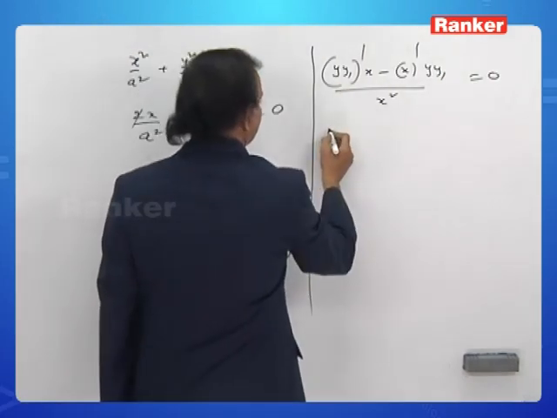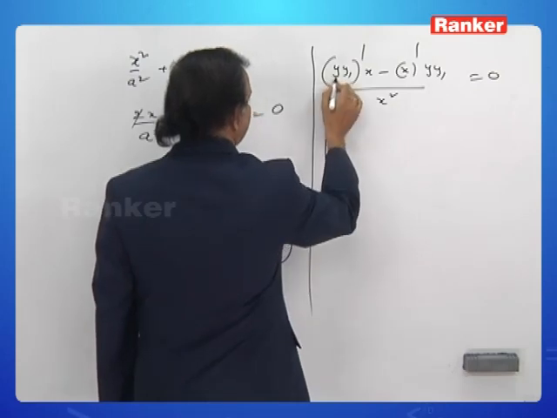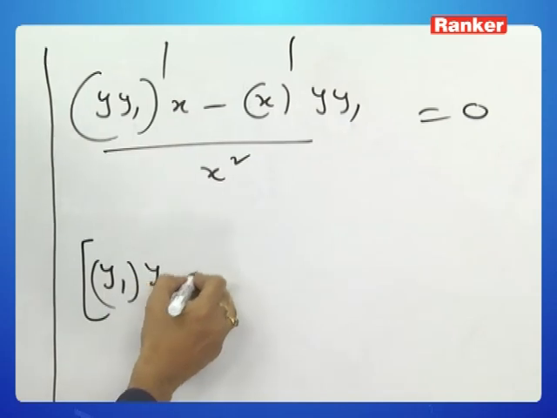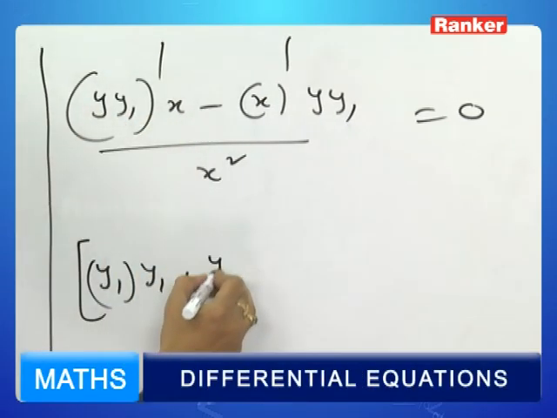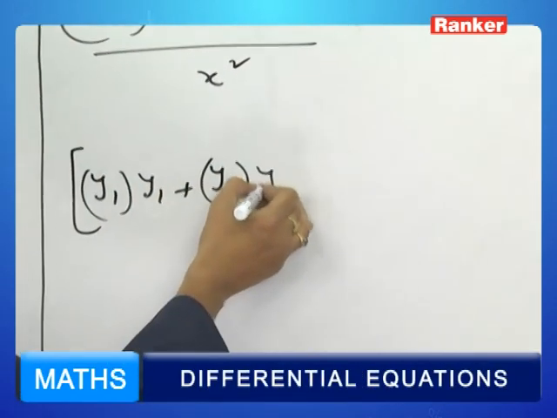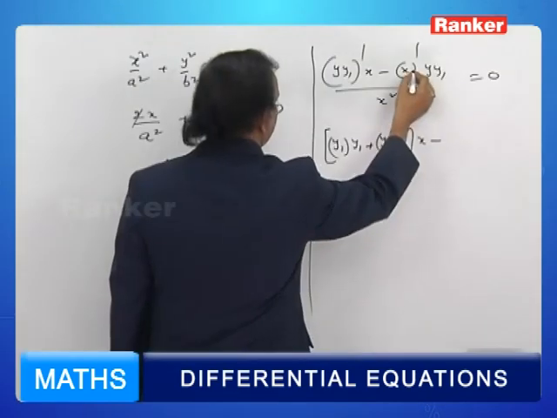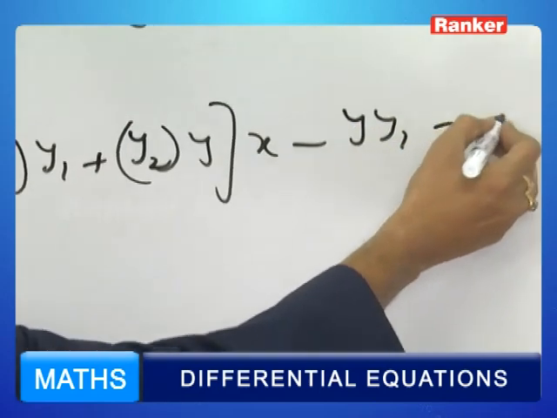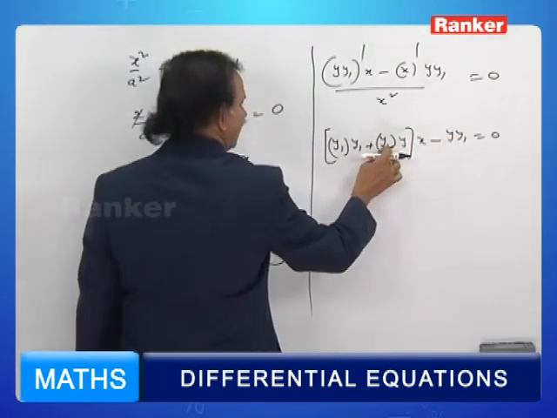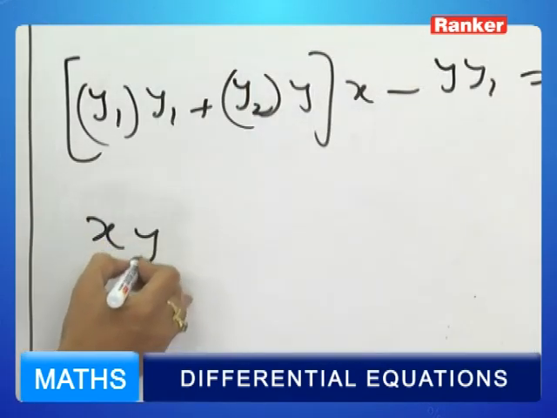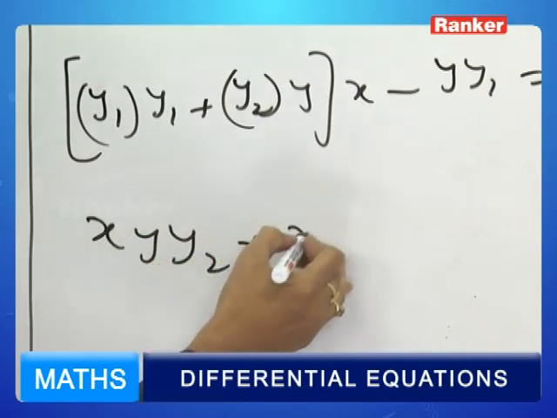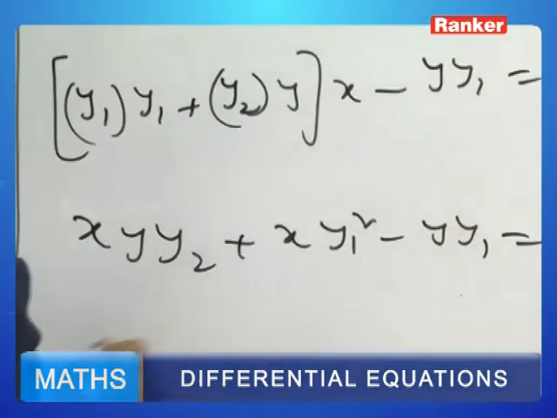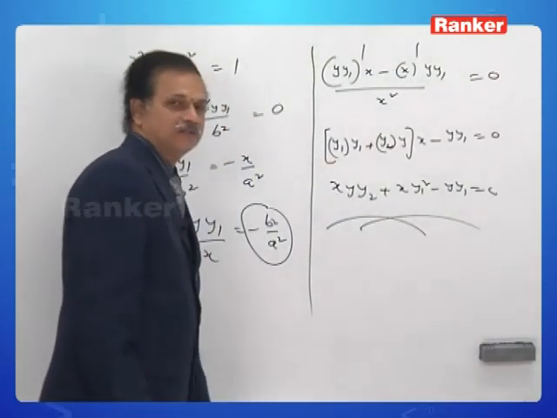What is the derivative of y1? u derivative into v, y1 into y1, plus v derivative into u, y2 into y into x, minus derivative of x is 1, y1, is therefore equal to 0. xy y2 plus xy1 square minus y1 is equal to 0 is the required equation.